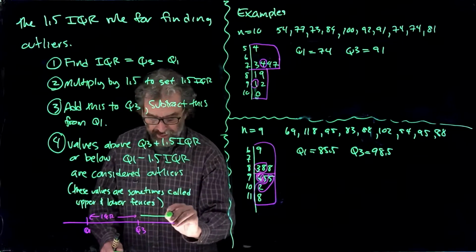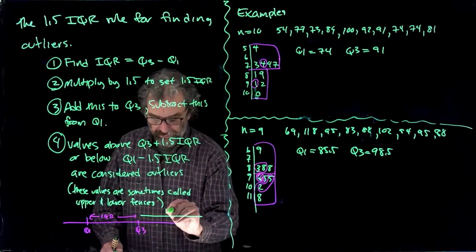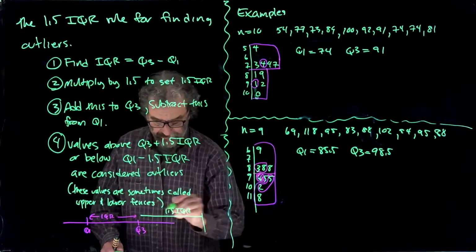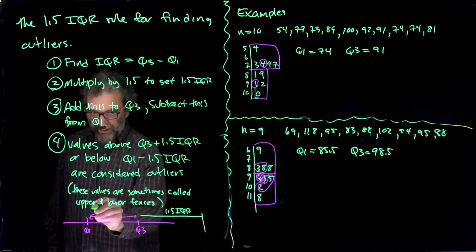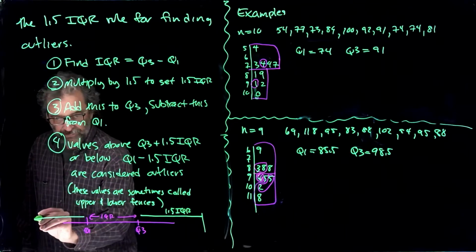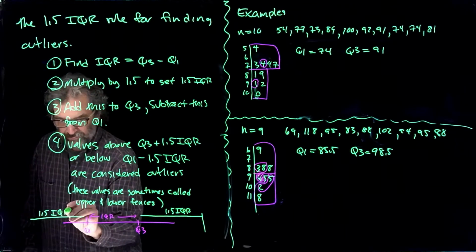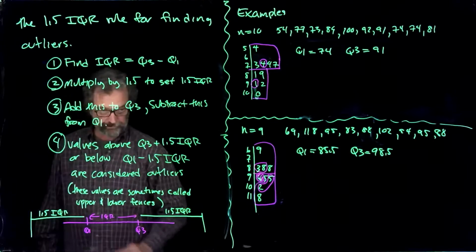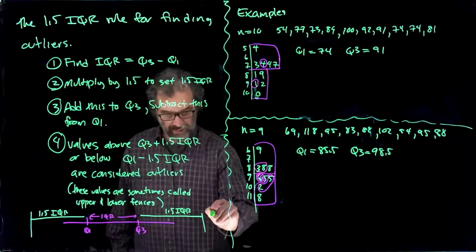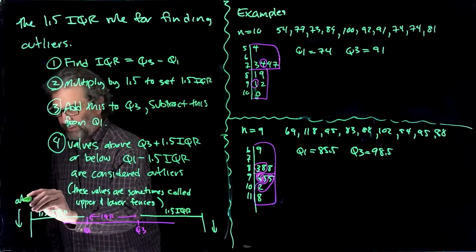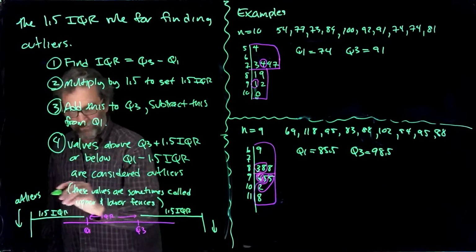You're going to go up here 1.5 IQR to there. You're going to go back down here 1.5 IQR to there. And values that are out here or out here are the ones considered outliers.